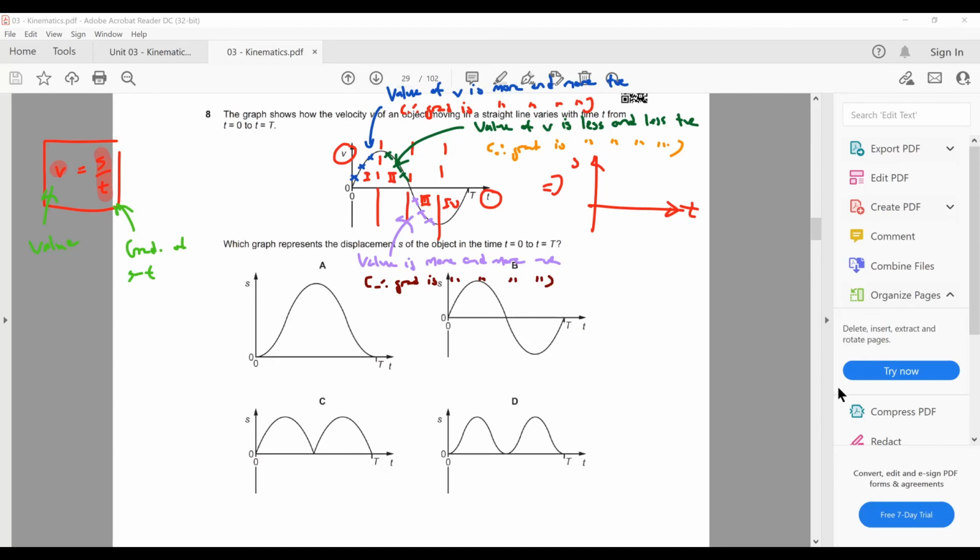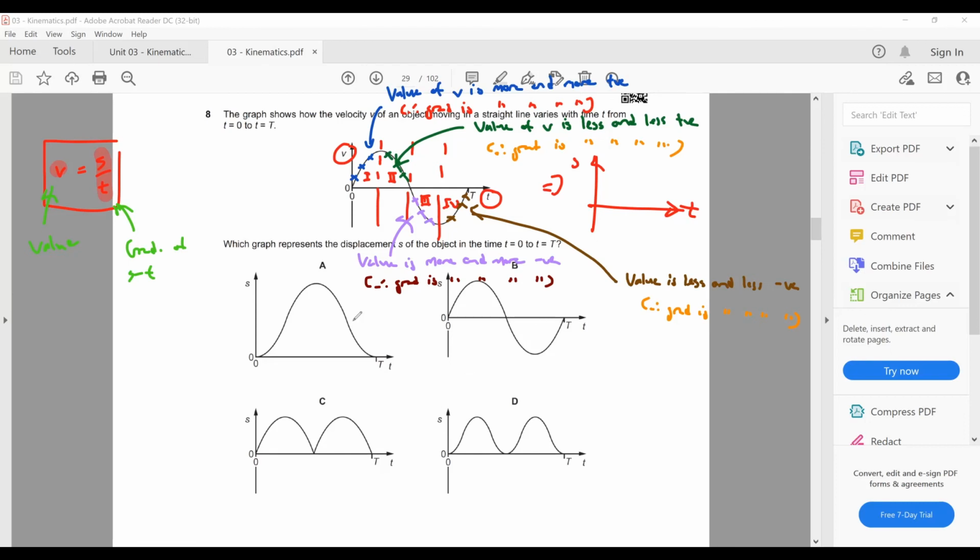And then lastly, if I look at this side here, my value is becoming less and less negative. Therefore, gradient is less and less negative. So this is what I can see.